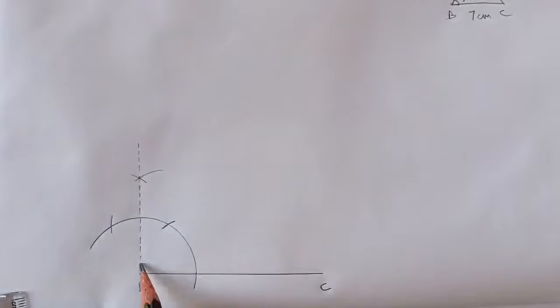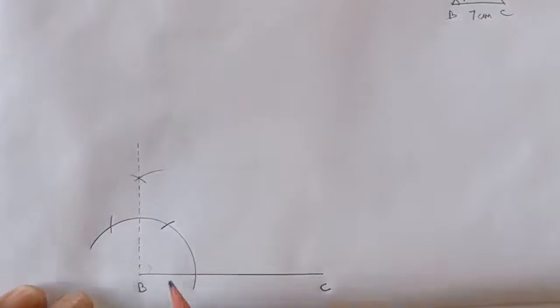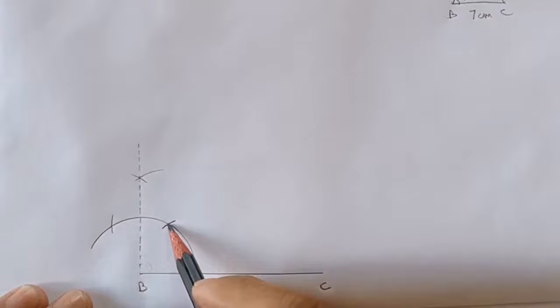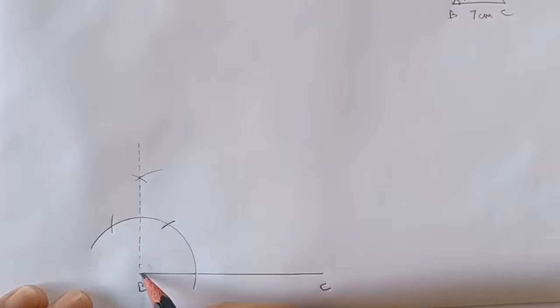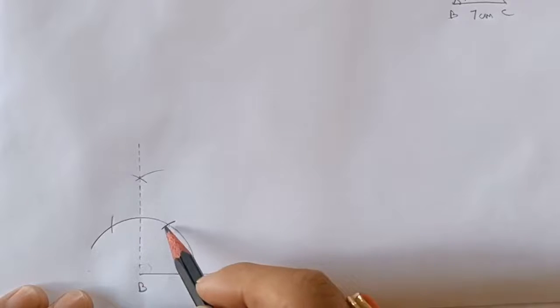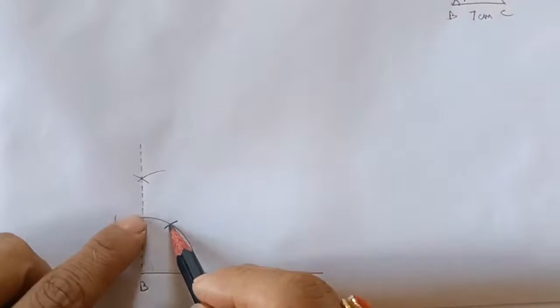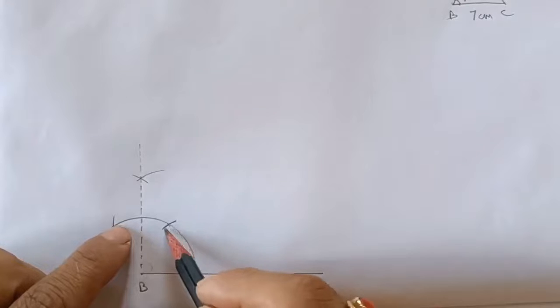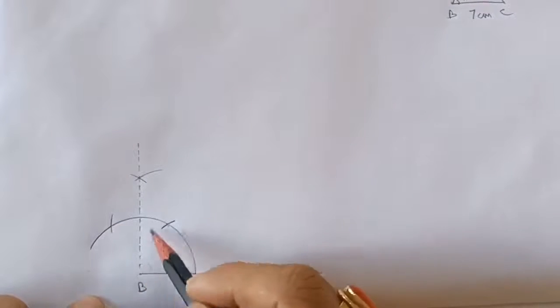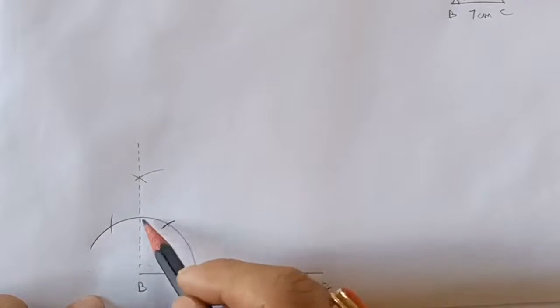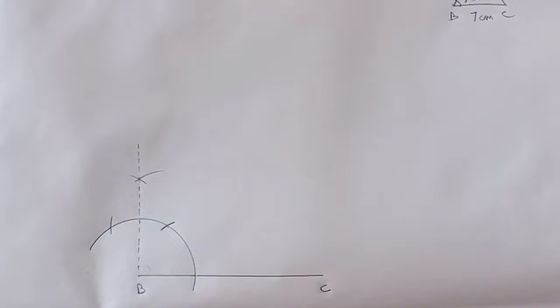So the measure of this particular angle will be 90 degrees, the measure at this point will be 60 degrees, and the measure of the angle between these two will be 30 degrees. If we bisect this angle between 60 and 90 degrees, we will get 15 degrees.